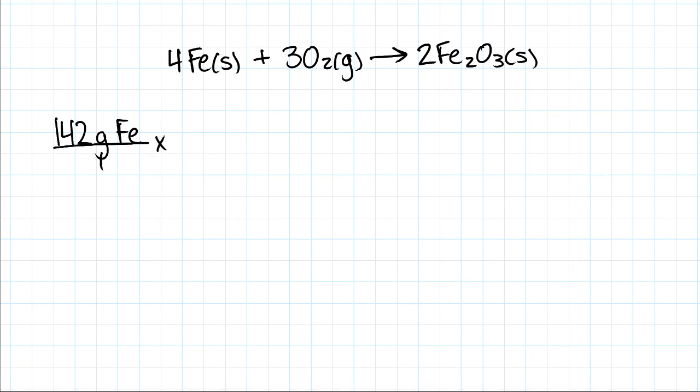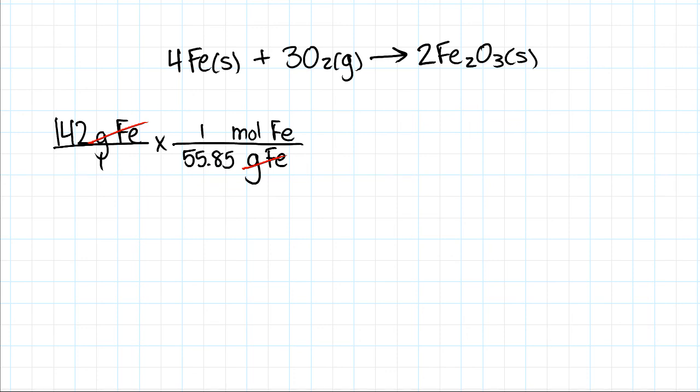The next step is to write your units so that the units will cancel. We do not want grams of pure iron, so I'm going to write g Fe at the bottom. That way it will end up canceling out. To go from grams of iron to moles of iron, I'm going to write mol of iron, Fe, above that. 1 mole of iron has a molar mass of 55.85 grams per mole.